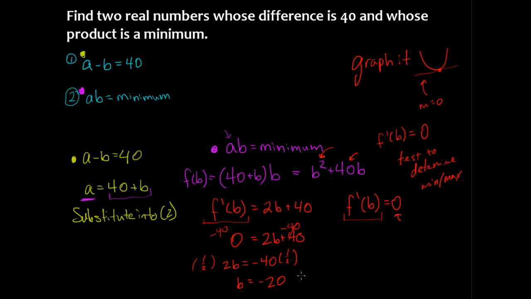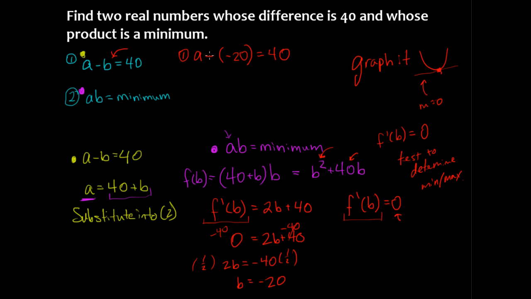So this is a point b where the derivative is equal to 0. We can use this value and plug it into 1 in order to solve for a. So we have a minus negative 20 is equal to 40.